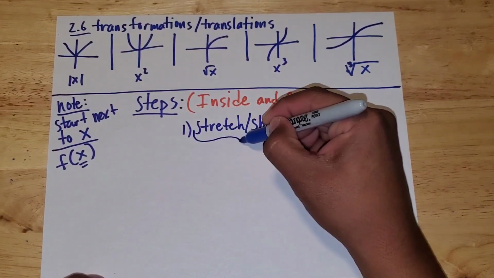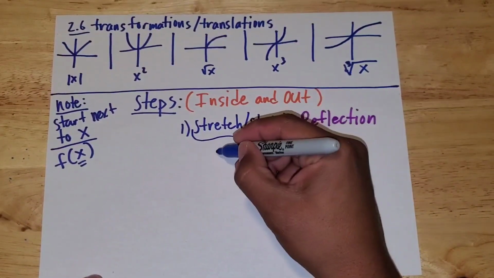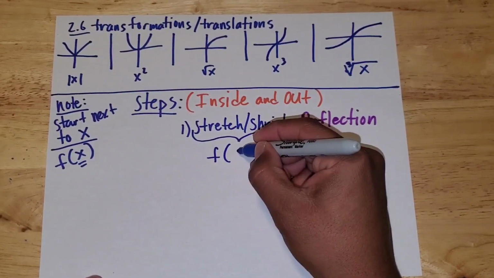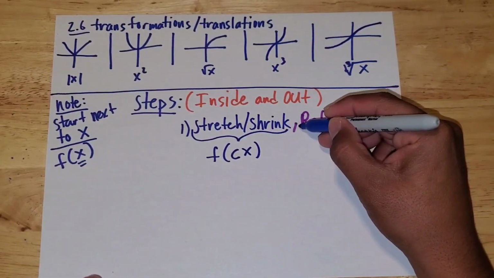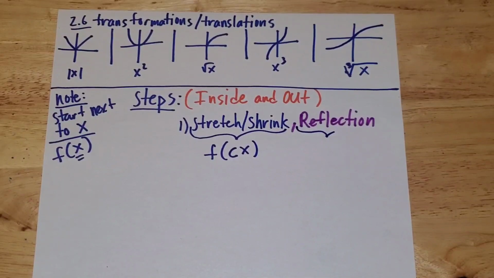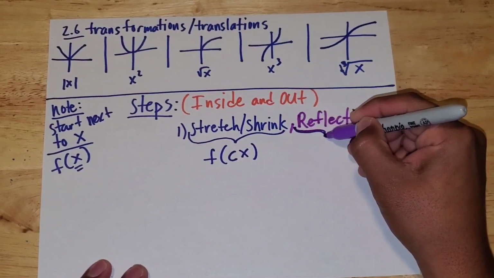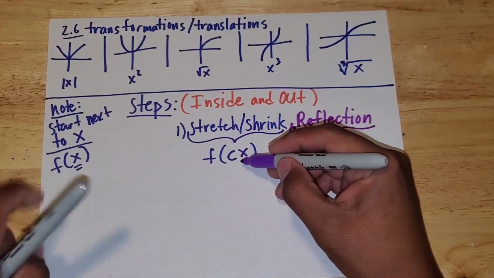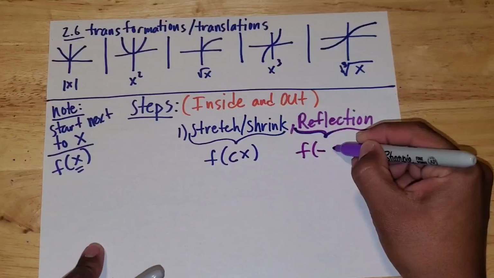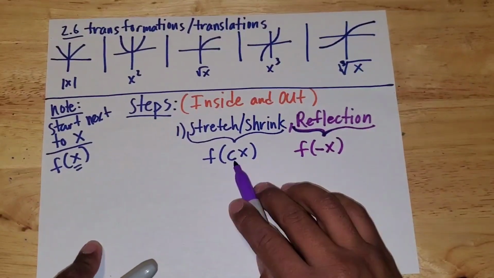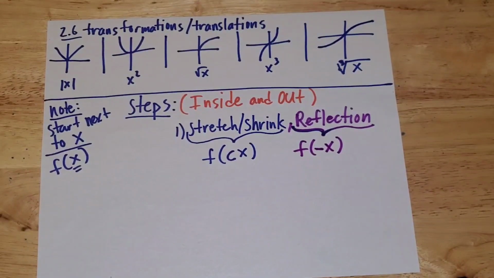So these two happen, like I said, inside of the function. This is also happening inside the function, and again, right next to x. But this is a negative instead of here. That c represents a constant. So you can write that somewhere if you want.